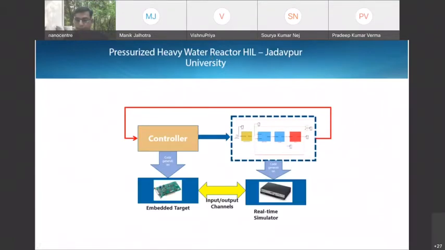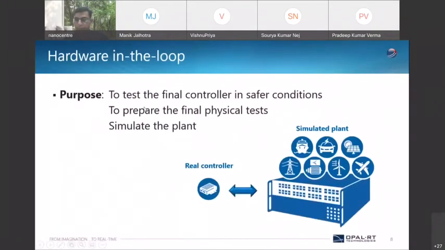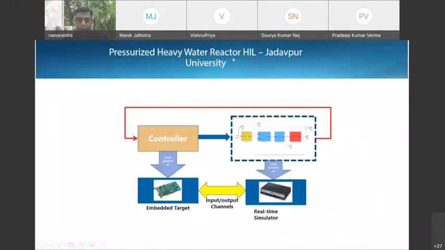So what was done is, in the heavy water reactor case, the simulator was replicating the plant model for the heavy water reactor, whereas the controller was on an embedded target, and we can see that this controller and the real-time simulator were exchanging information through the IO channels. So this is what is also called HIL.